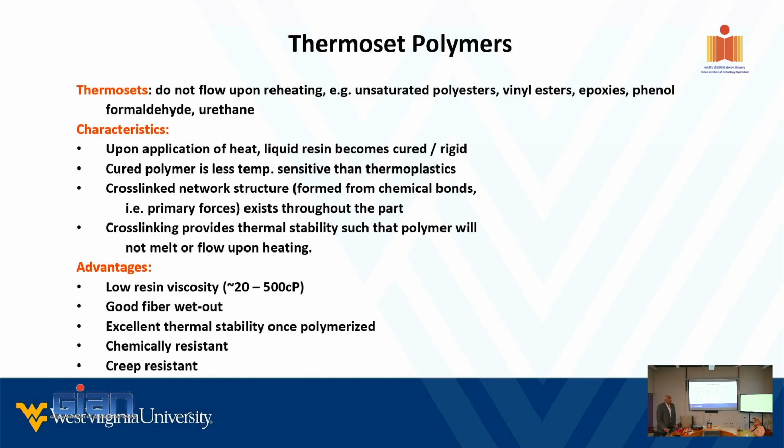Most of the civil infrastructure systems are glass, or sometimes aramid, but not much: glass, E-glass, S-glass, whatever, and vinyl esters, because from a pH attack point of view, vinyl esters are much superior.